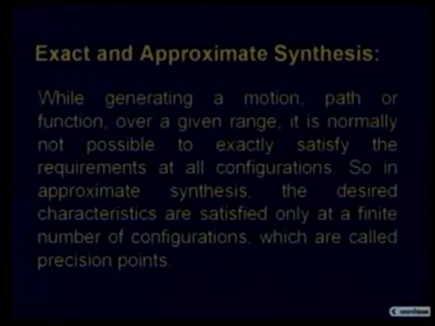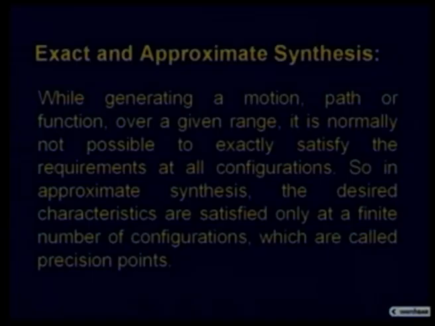So, we should have to be satisfied when I use a simple linkage with the approximate synthesis. That means during the entire range of movement, the prescribed motion characteristics will be satisfied only approximately. There are various approaches to this approximate synthesis, and we will take up only what we call a precision point approach.